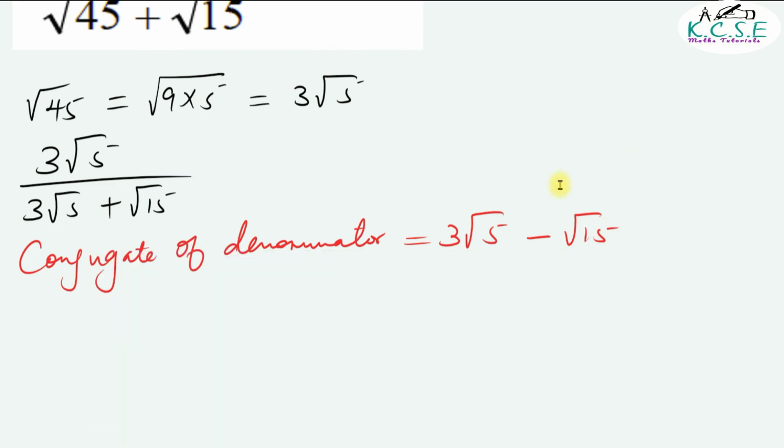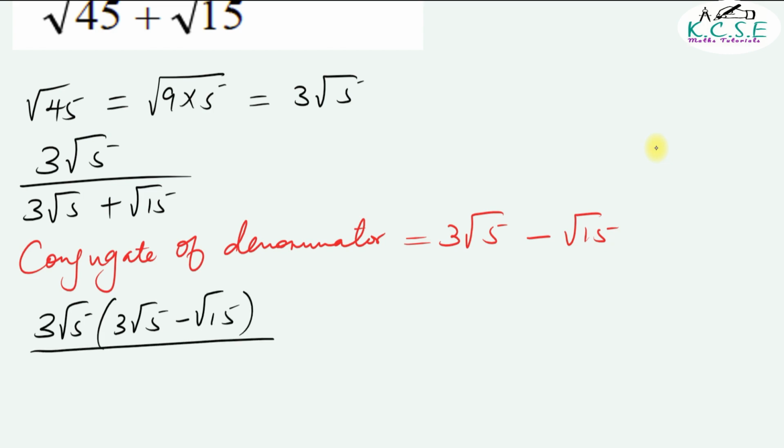Now after getting the conjugate of the denominator, we need to multiply both the numerator and the denominator by this conjugate. Let's do that. We multiply 3 root 5 by 3 root 5 minus root 15.